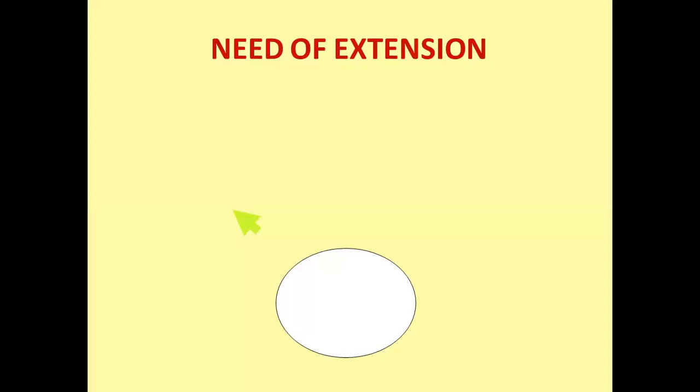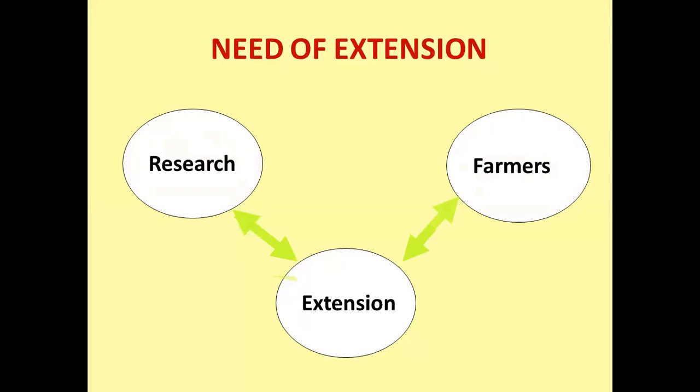Actually, extension acts as a bridge between research and farmers. See this diagram. Extension works as a bridge, and this bridge is two-way. On one side, researchers develop a technology in their research lab, and the extension worker grabs this technology from the researcher and provides it to the farmers.